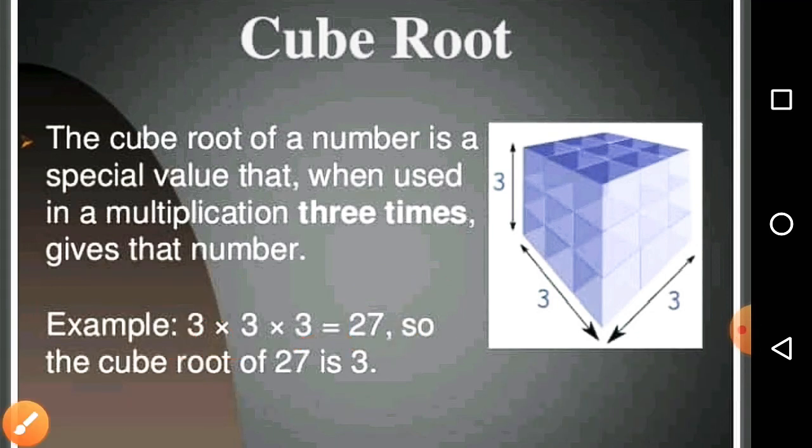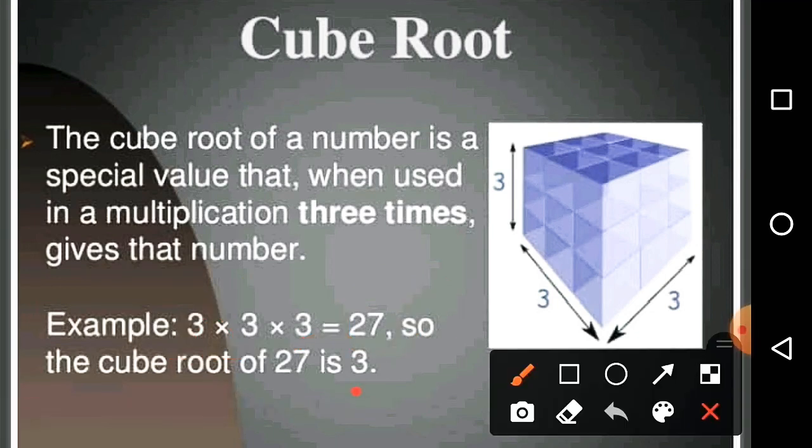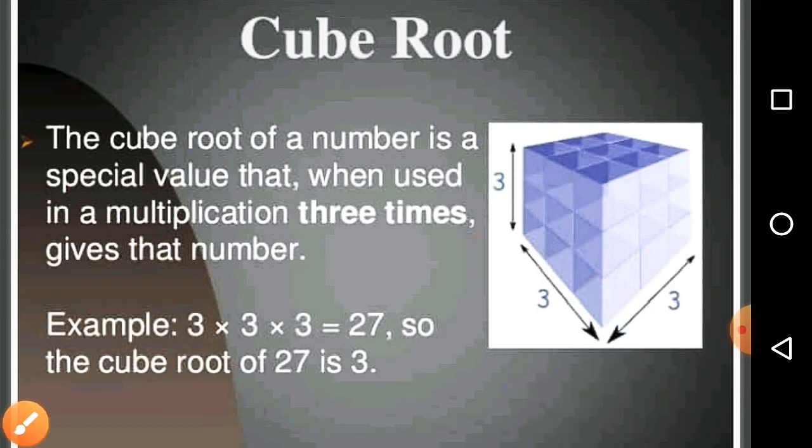So this 3 is called the cube root, and 27 is called the cube number. 27, the answer, is called the cube number, and the original number which we multiply 3 times, that is 3, is called the cube root. Okay, now we will proceed ahead.